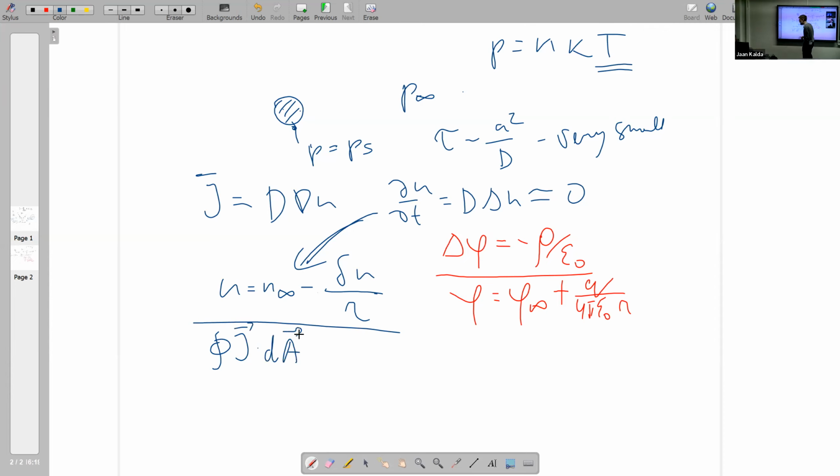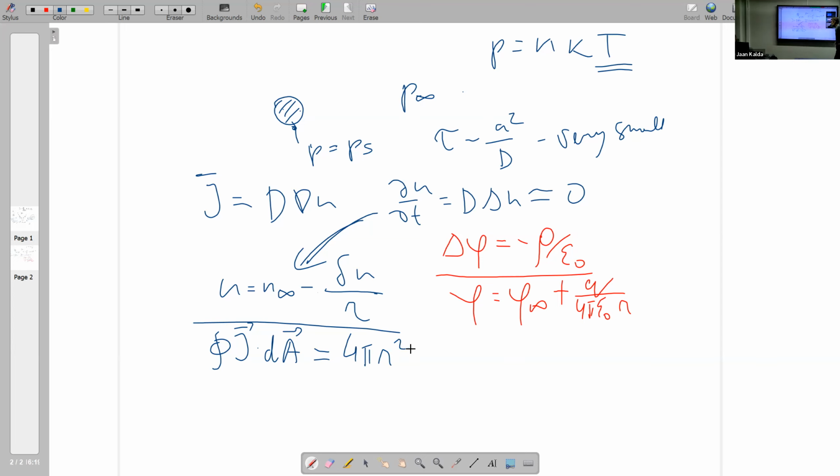That's what we're looking for: how many water molecules will go to the droplet. J now becomes, let me write it down, because we have the spherical symmetric case, we just multiply by the total area, which is 4 pi R square.